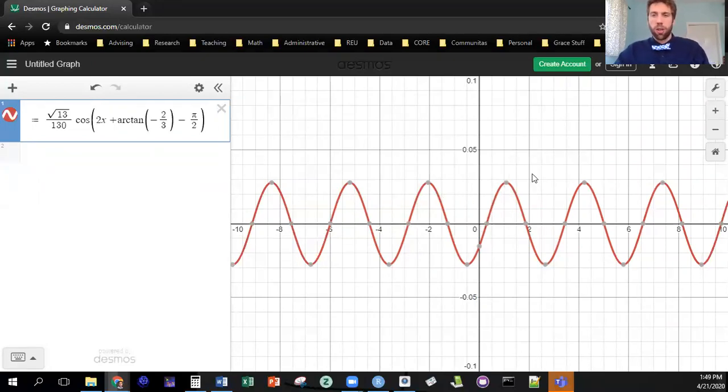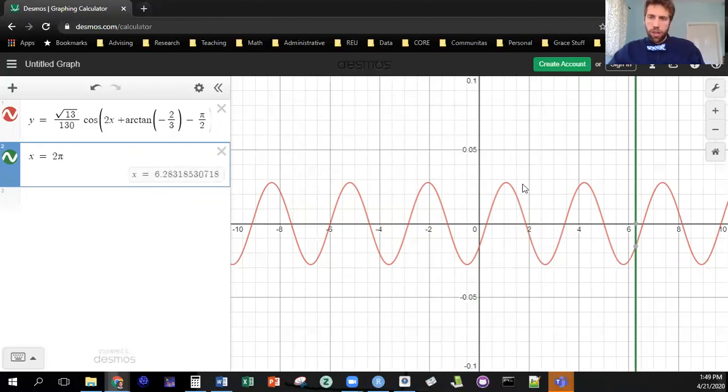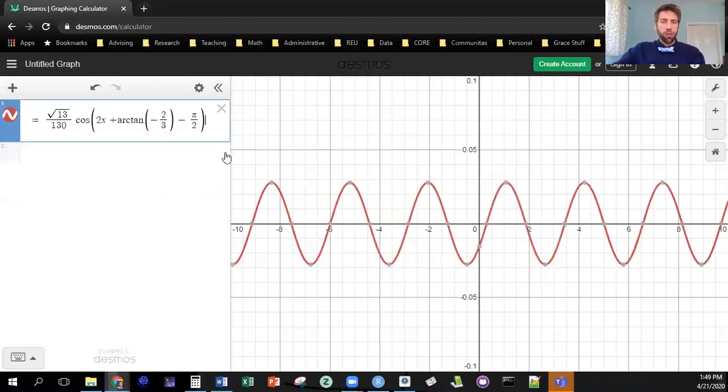And then every 2 pi, it's going through a cycle twice because of the 2 there. Okay, so that tells you a lot of it. Writing it this way tells you a lot about what's actually going on. It gives you a better understanding of what the problem's doing. All right, that completes this activity.